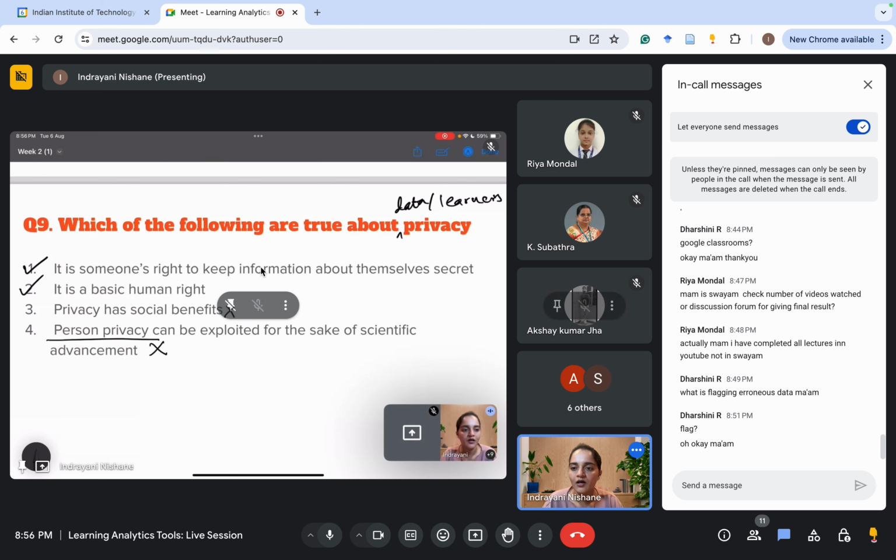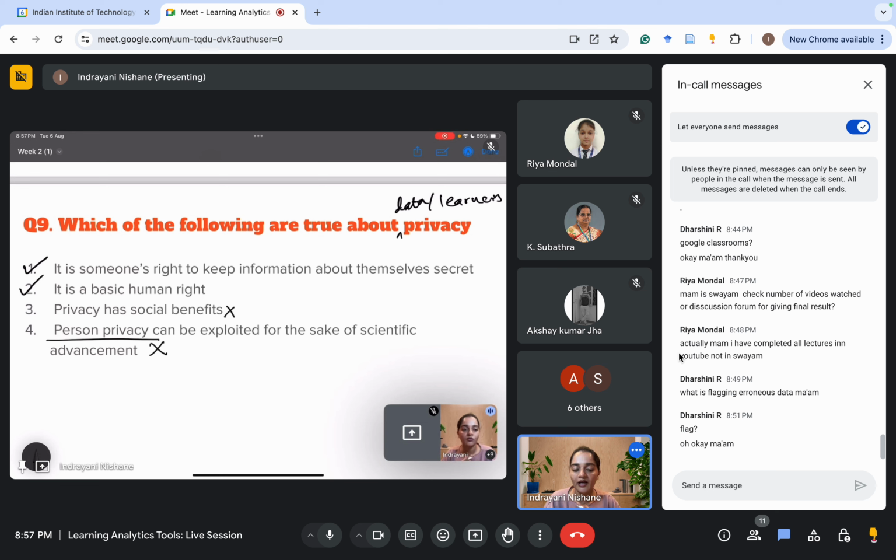Coming to question 9, which of the following are true about privacy of learners, or data privacy? Someone's right to keep information about themselves secret, yes, it is true about data privacy. It's a basic human right, now declared as one of the basic human rights, the right to protect our data.